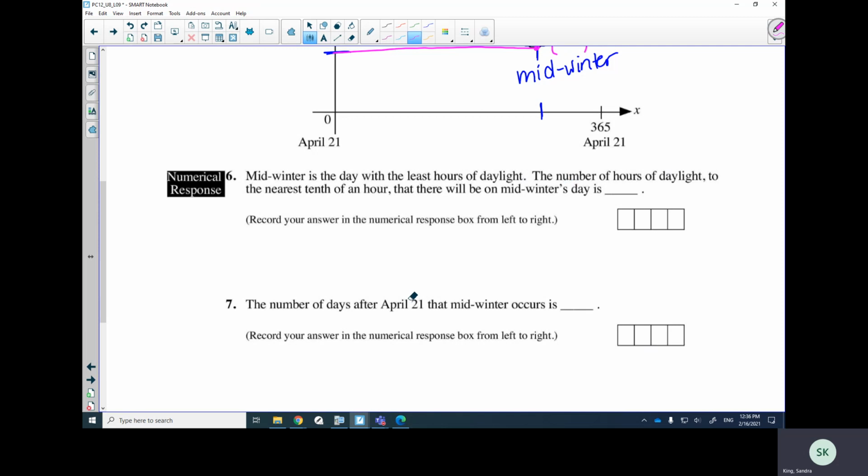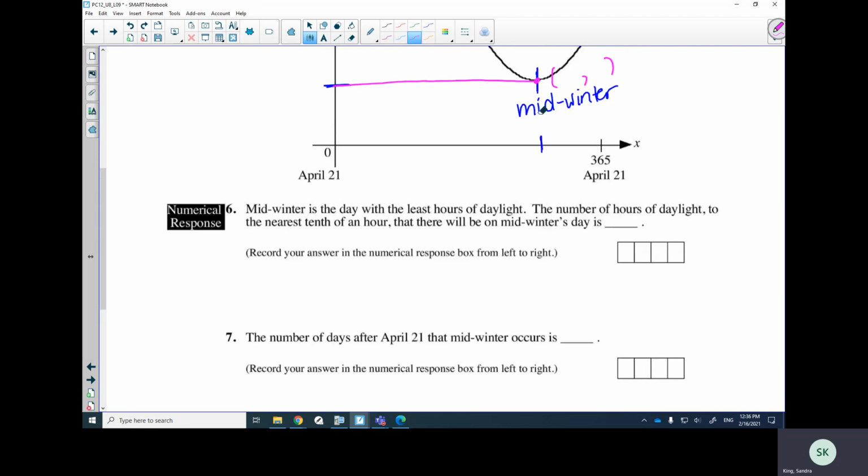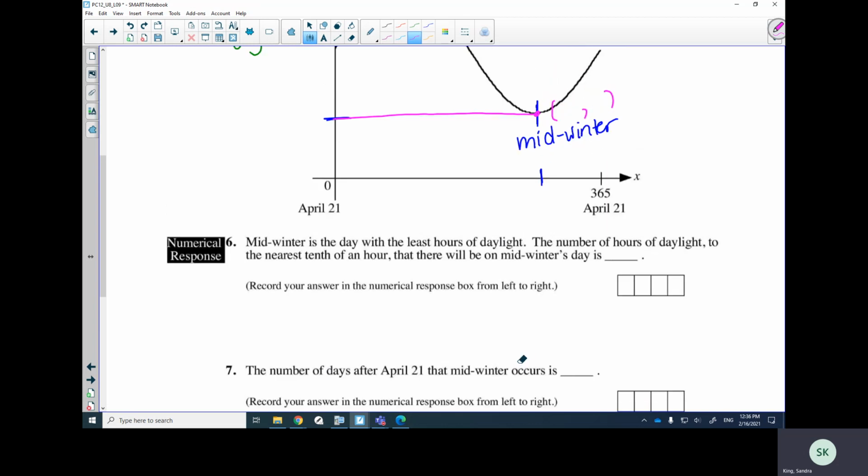For number 7 is how many days after April 21st, so after day 0, how many days after does midwinter occur? They want to know what's that x value. So number 7, we're doing the exact same, like you're getting that minimum, and this will tell you what day after April 21st. So that minimum will give you the answer to 6 and the answer to 7.